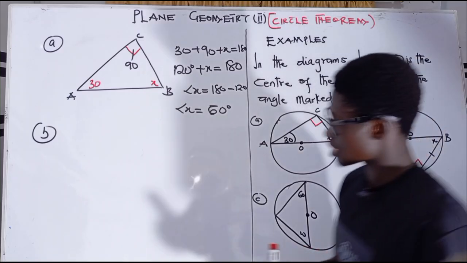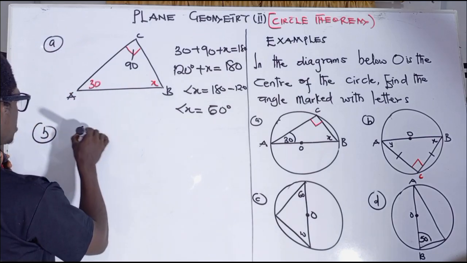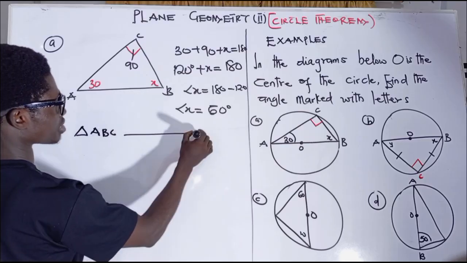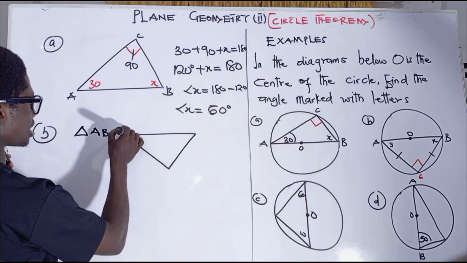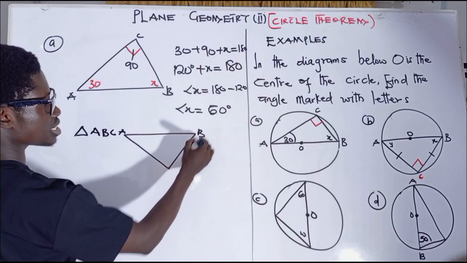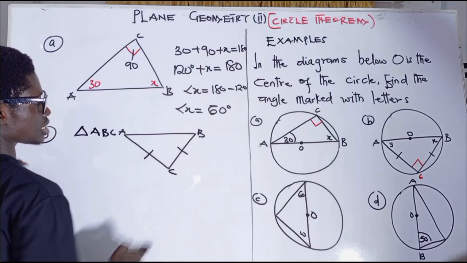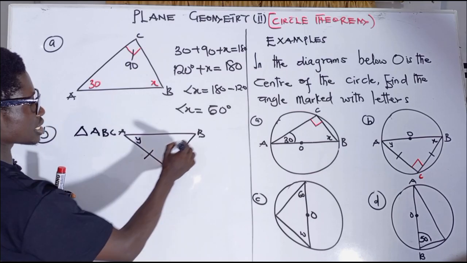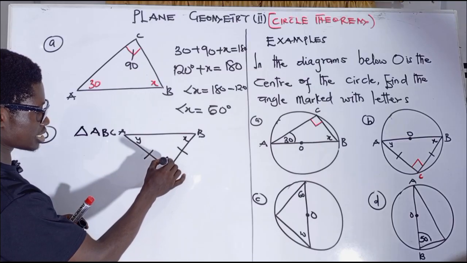Now let me redraw it here. Triangle ABC. So we have something of this form. We have A, B, and then C, and then we have these two marked lines. This angle is Y. This angle is X. We know that this angle is 90 degrees.